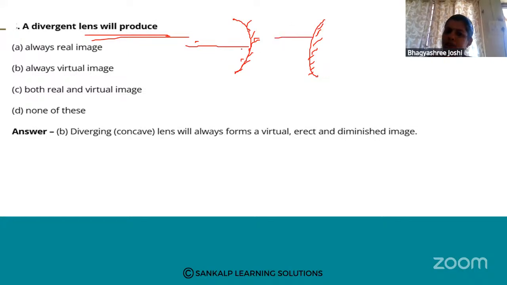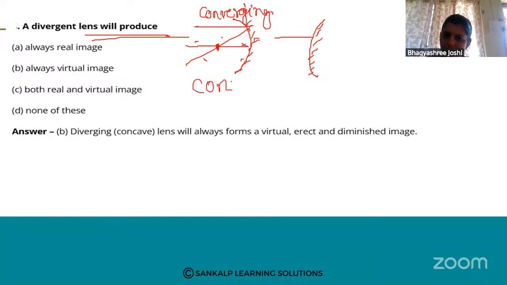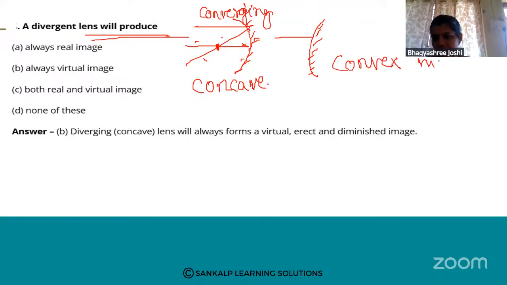After reflection, it converges at this point. So this is a converging mirror. Concave mirror is a converging mirror, and convex mirror is a diverging mirror. What do we call a convex mirror? This is a diverging mirror.